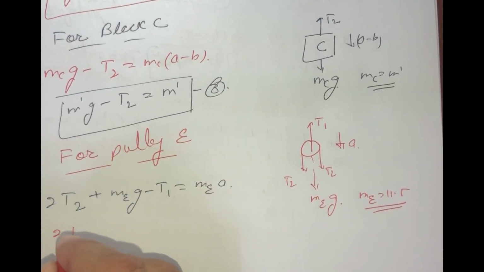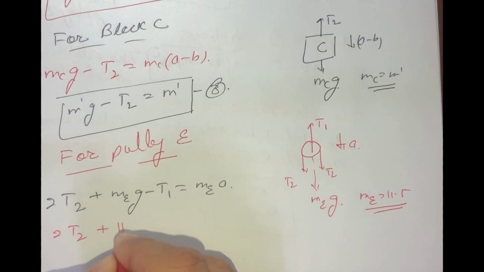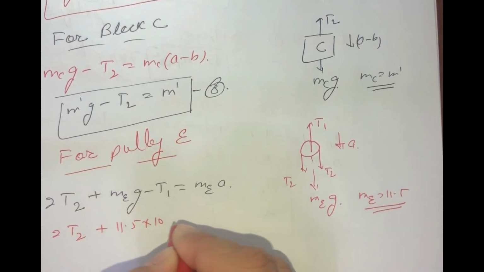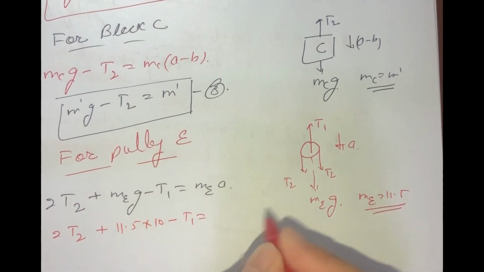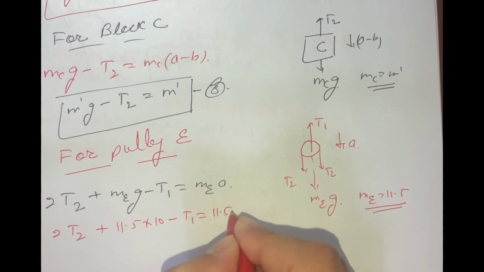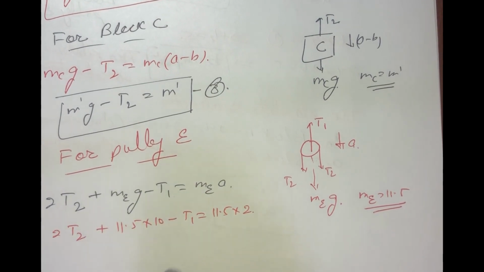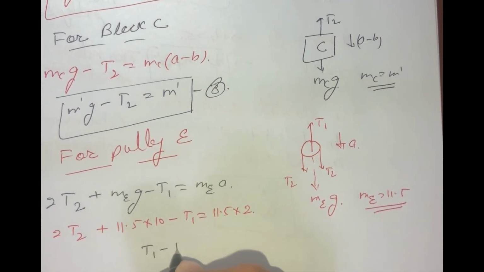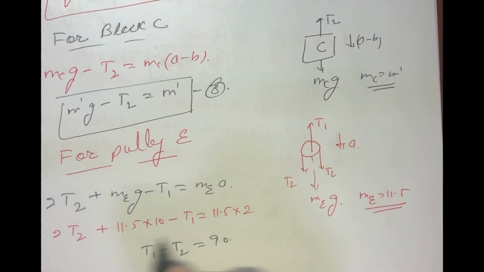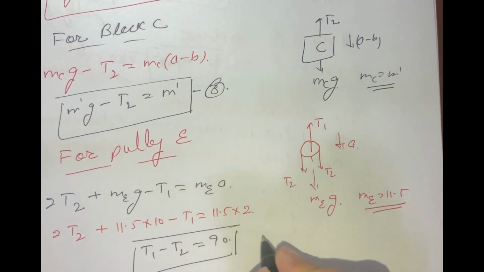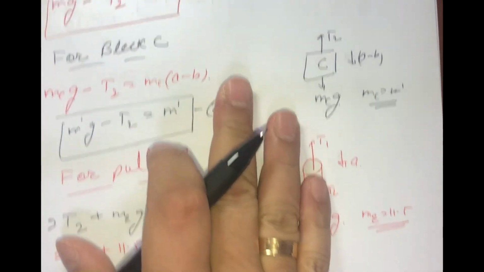Let me write here twice T2 plus 11.5 into 10 minus T1 is equal to 11.5 into a, and a was 2. So this can be written as T1 minus 2T2 is equal to 90. Let this be equation number 4.